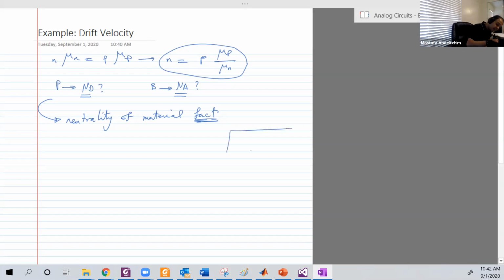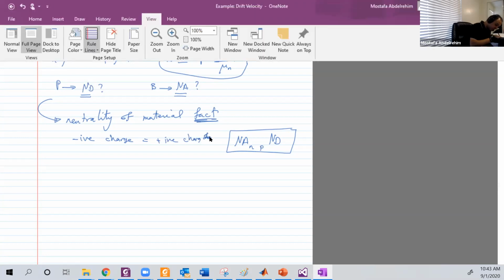In that case, our material has both Na and Nd, so it has both n and p. So the negative charge density should be equal to the positive charge density. Just density.